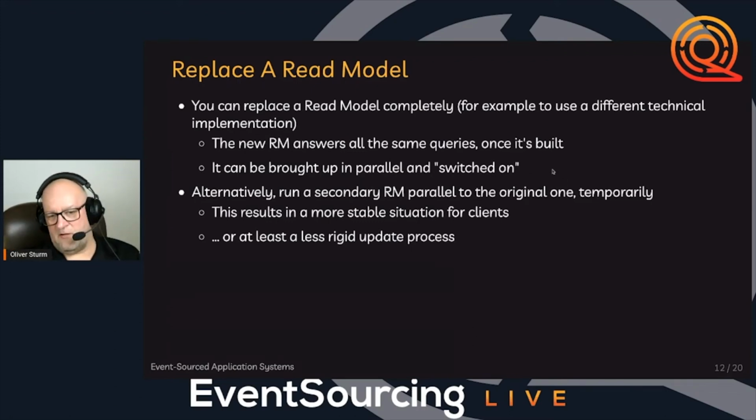Then on the one hand, the read model itself can decide to suddenly take over for read model A, right? Read model B says, all right, I'm going to answer all those queries now. Or alternatively, I can implement read model B using its own verbs, its own endpoints, whichever exact access method you use.